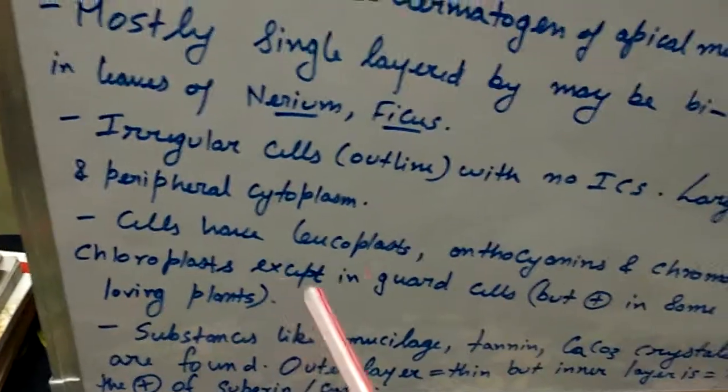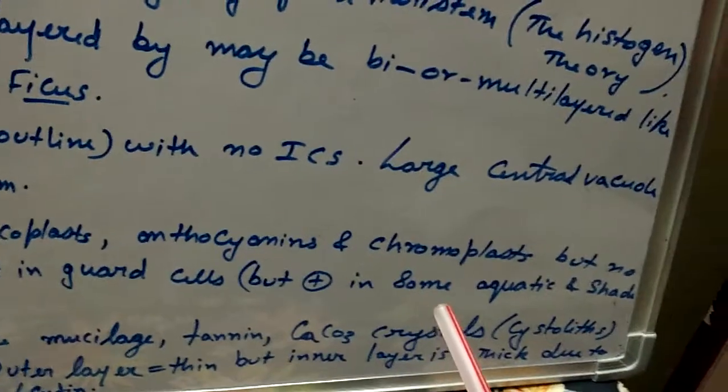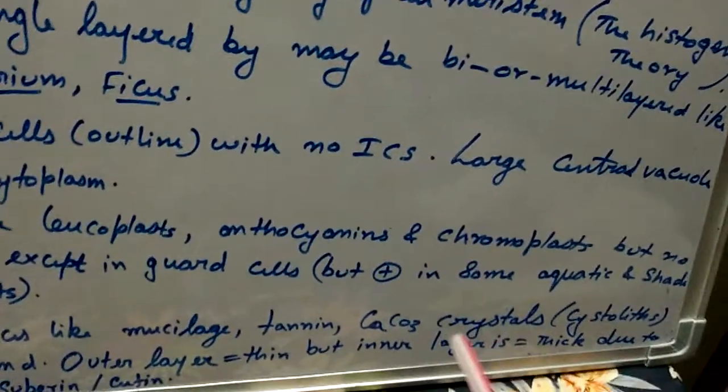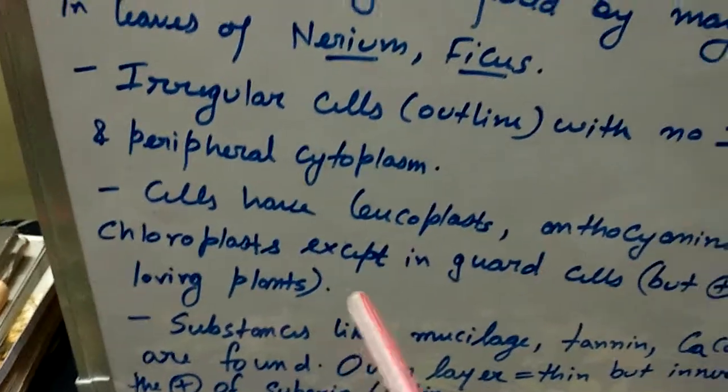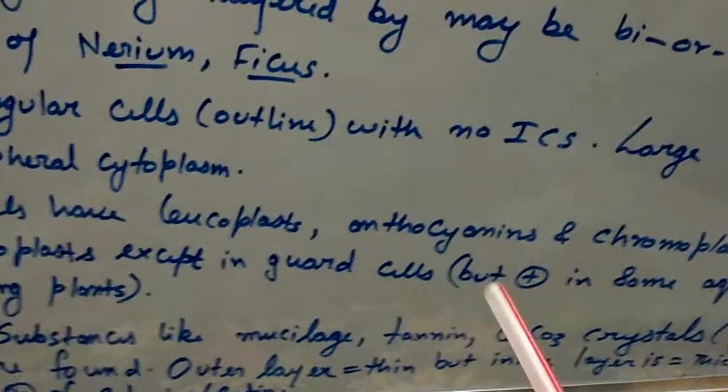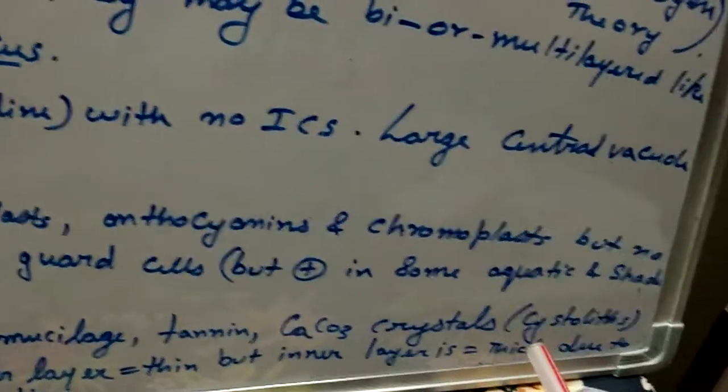Cells have leucoplasts, anthocyanins, chromoplasts. These are all plastids, but no chloroplasts, except in guard cells, but present in some aquatic and shade loving plants.